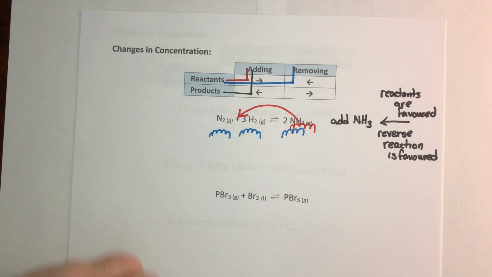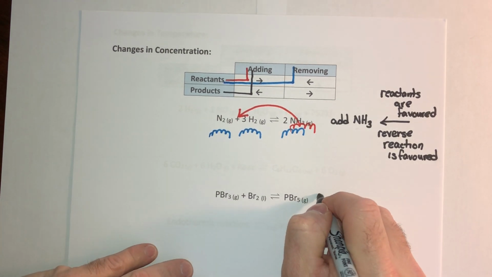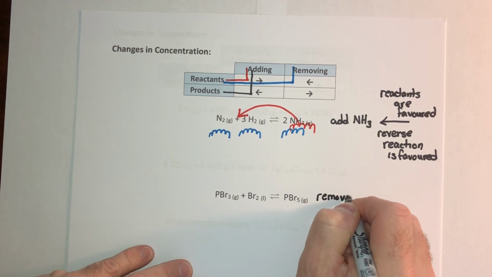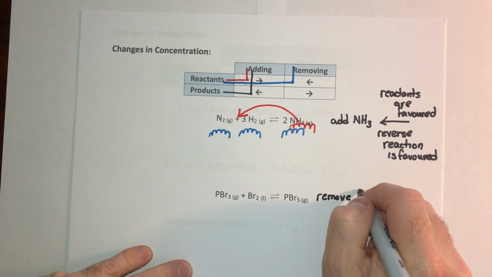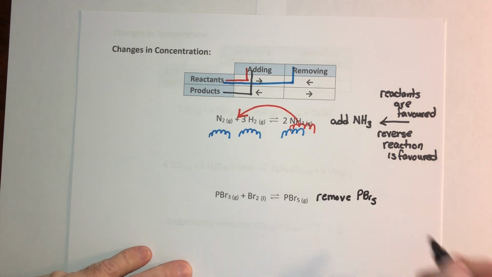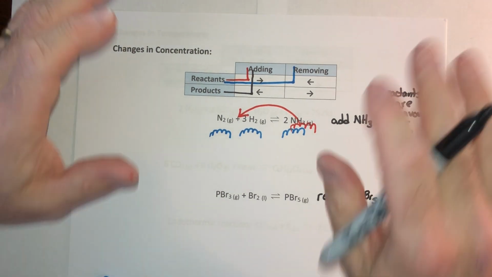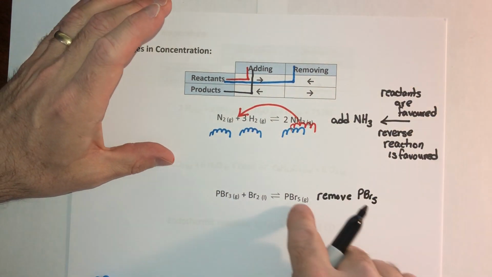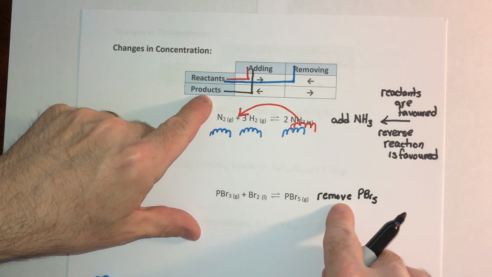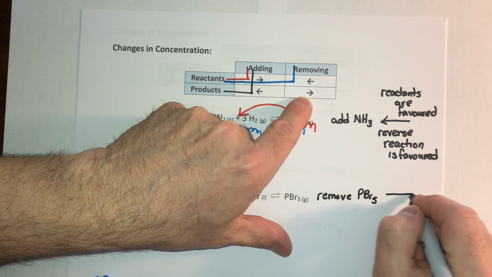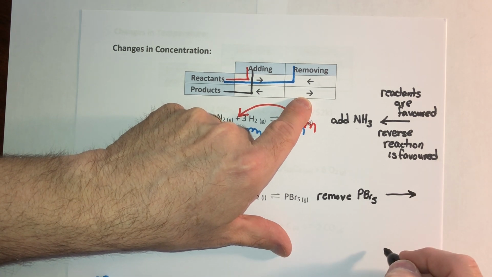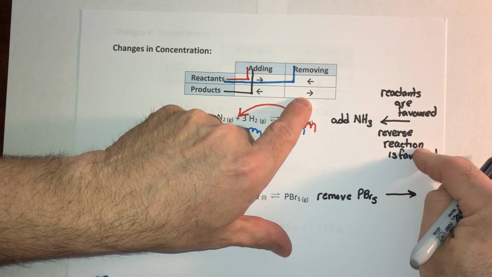All right, for the second one here, let's say that we are going to remove some product. So let's remove some PBr5. So if you're going to use your table, this is a product, and you are removing it. So products removed, it should make the whole reaction go forwards. Now, you know what the words are going to become.